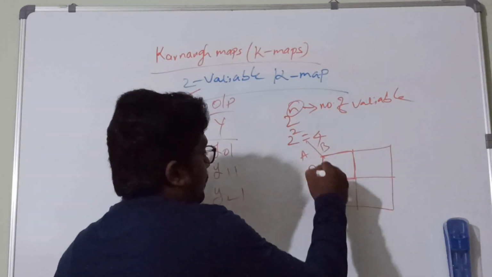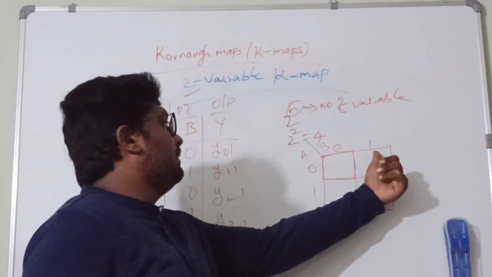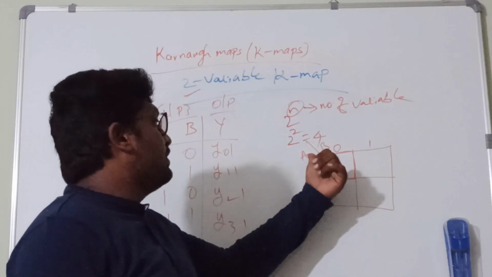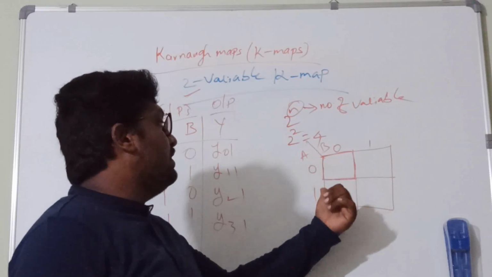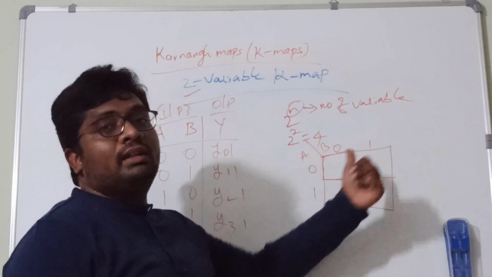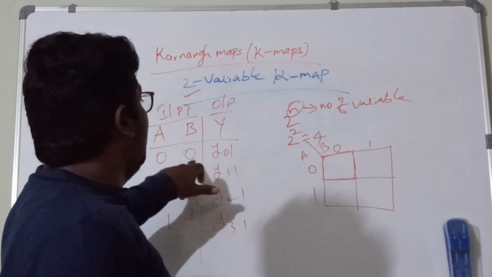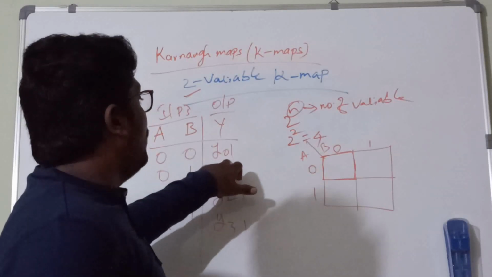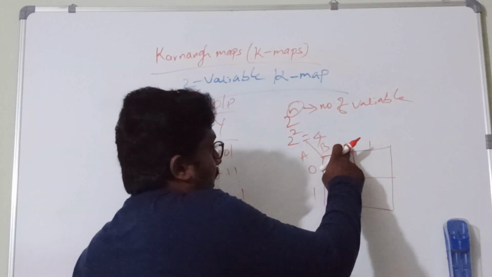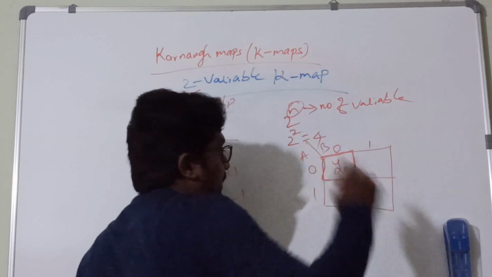Here I am placing the values 0 and 1 for variable A, and 0 and 1 for variable B. For input A equal to 0 and input B equal to 0, the output is y0, so this is the square for the minterm y0.